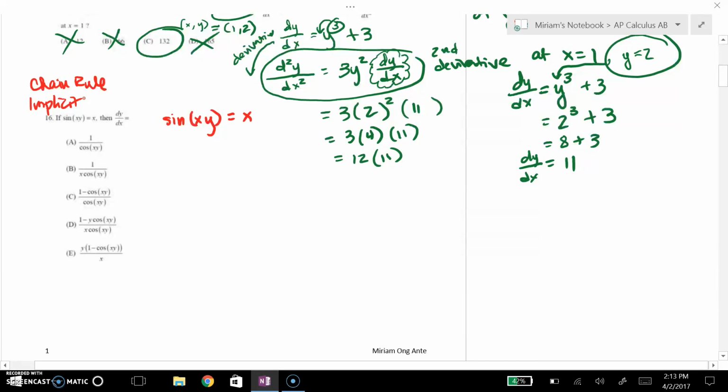The derivative of sine is cosine. However, I need to multiply this by the derivative of the function inside the parentheses, x times y. x times y, I need to use the product rule. So I'm going to split it up. Get f prime and g prime.